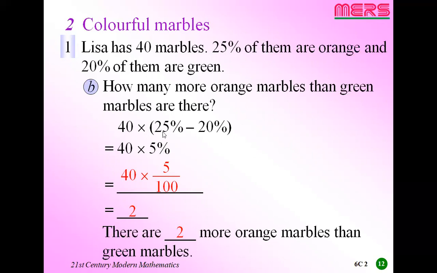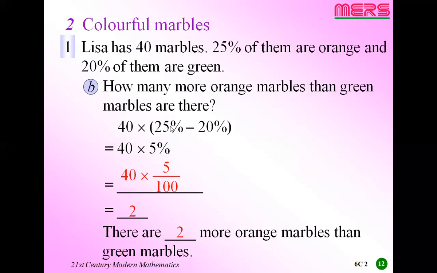So maybe you ask, but this percentage is for orange and this is for green. So can we minus them together? Can we do subtraction this way? Yes, we can, as long as the total number of marbles is the same.